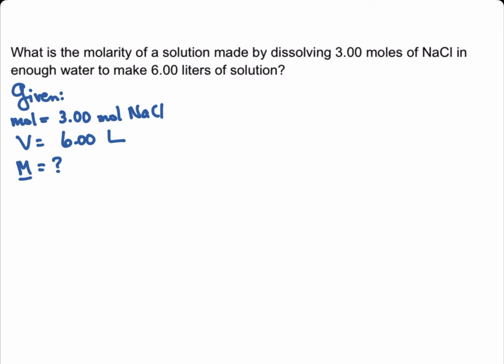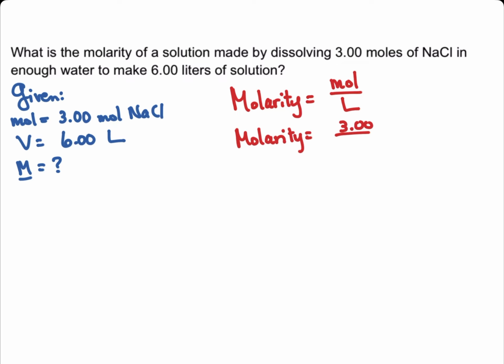The units are correct, so I can go ahead and plug this into my formula. Molarity is moles over liters. And my final answer is 0.500 M, capital M is molarity.